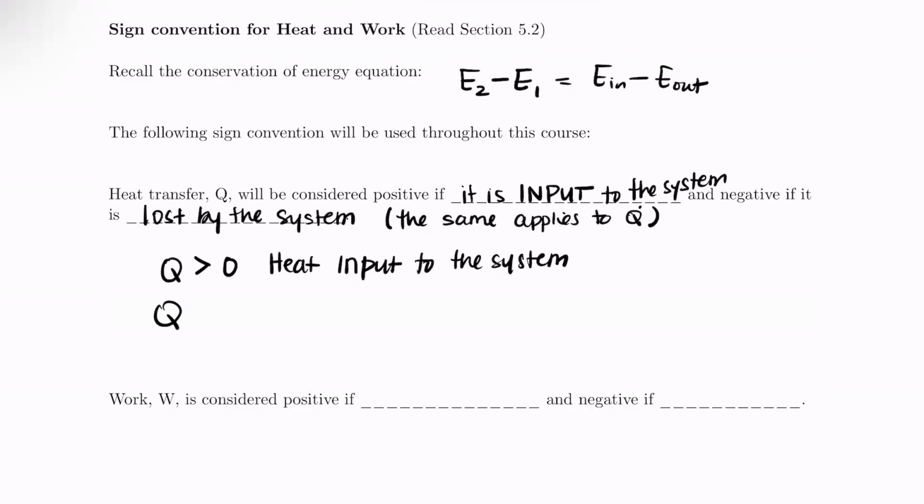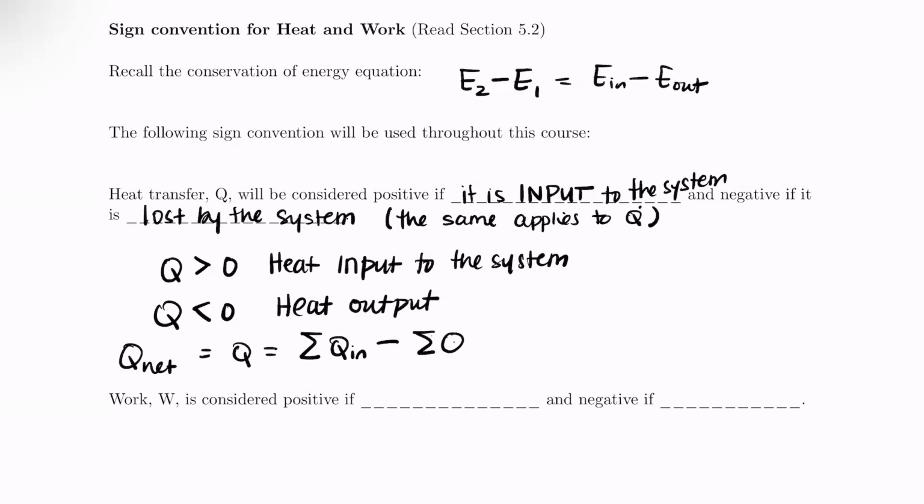If Q is less than 0, heat is output. And then Q net, or just Q, is equal to the sum of the Q ins minus the sum of the Q outs.